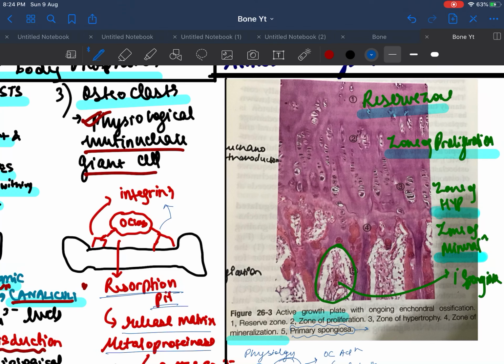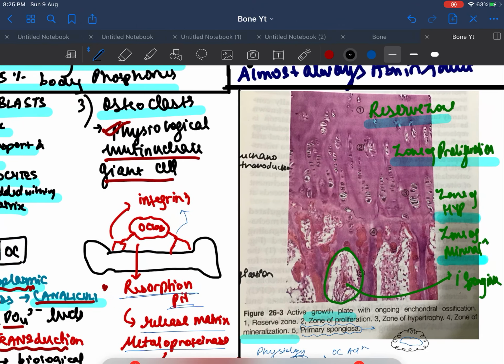It acts as a base. It is a remnant of cartilage which acts as a base, over which new bone will be formed. So this is the primary spongiosa.